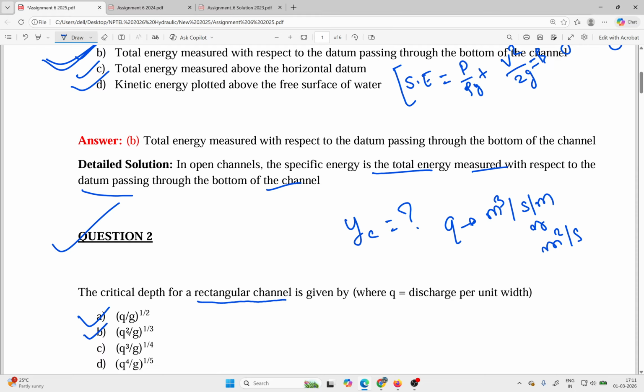Option B, q square by g to the power 1 by 3. Option C, q cube by g to the power 1 by 4. Option D, q to the power 4 by g to the power 1 by 5. So these are the formulas. Here you need to just calculate the formula please.